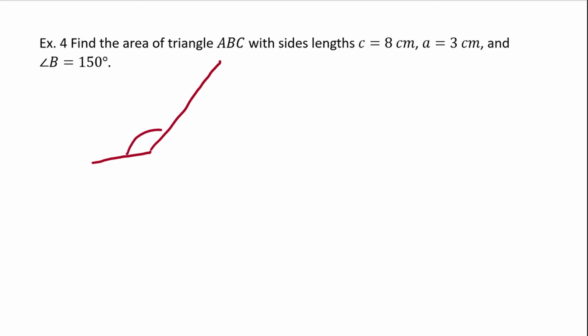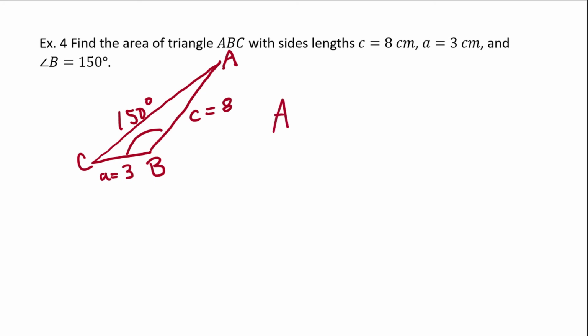The interior angle is B, and that is given as 150 degrees. It doesn't quite fit the drawing, but that's okay. We have the opposite side of vertex A is little a, and that's 3 centimeters. Opposite side of vertex C is little c, and that's 8 centimeters.